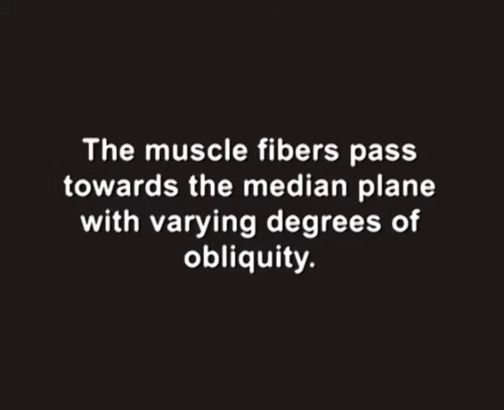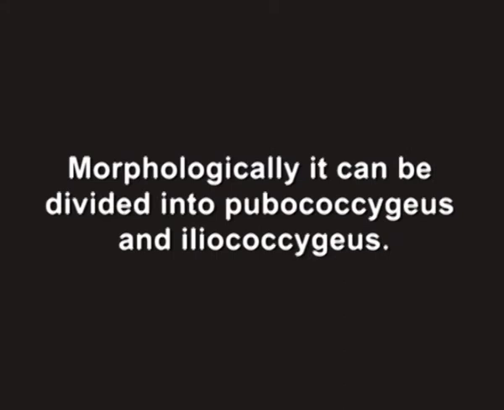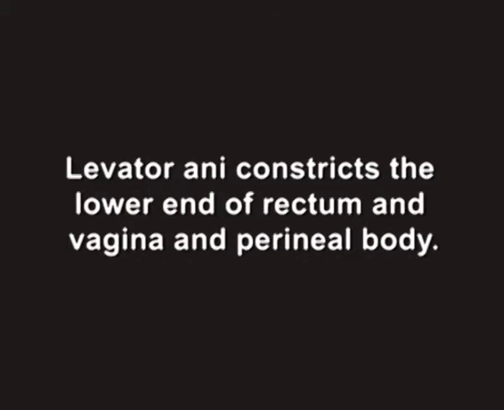The muscle fibers pass towards the median plane with varying degrees of obliquity. Morphologically, it can be divided into pubococcygeus and iliococcygeus. Levator ani constricts the lower end of rectum and vagina and perineal body.